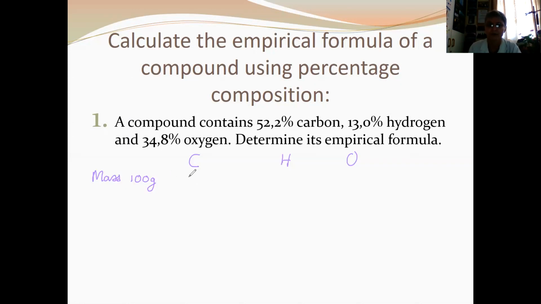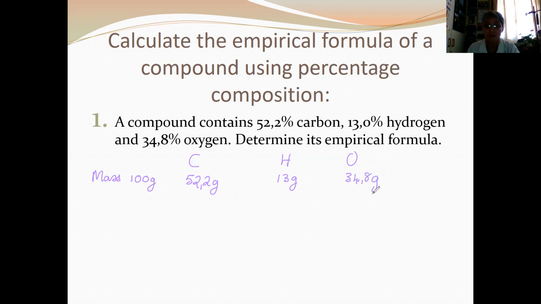In 100 grams, 52.2 grams will be carbon, and we write that mass below the symbol for carbon. 13 grams would be hydrogen, so we write 13 below hydrogen, and 34.8 grams would be oxygen.